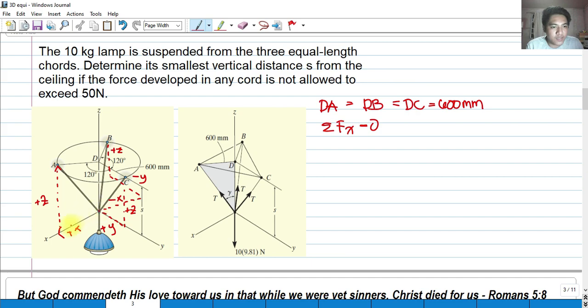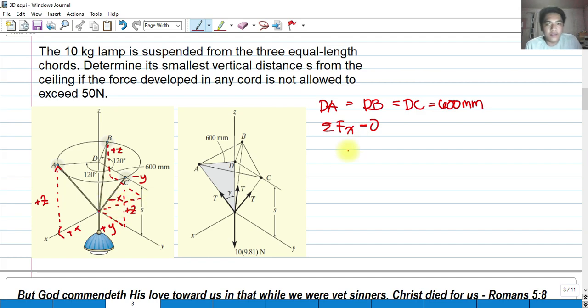So positive X component of tension A is cancelled by the X component of B. So the summation of forces along X would be 0, no component, because they would be cancelled out.